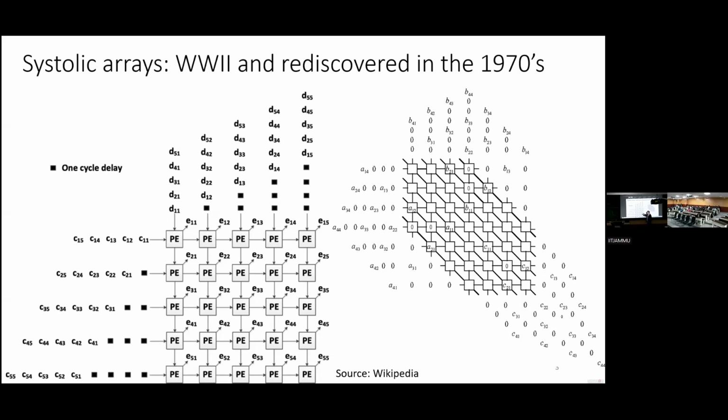But the idea with systolic arrays is that for computations like multiply and add, when you have vectors or matrices that need to multiply together, it turns out that you can do this. This C11 here will need to multiply with D11, but will also need to multiply with D12, and will also need to multiply with D13. So in the first cycle, these two come here, and then D11 moves down, C11 moves here, and then basically C11 is multiplied by D12, and so on and so forth.